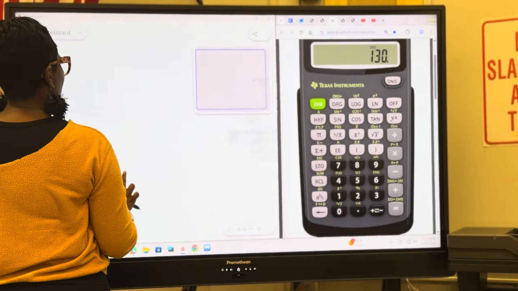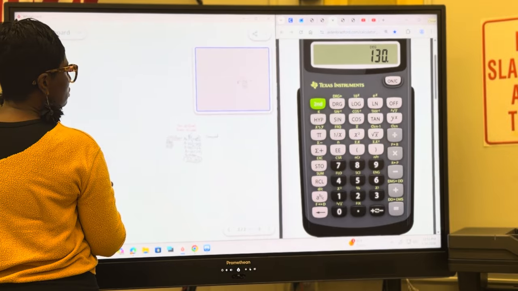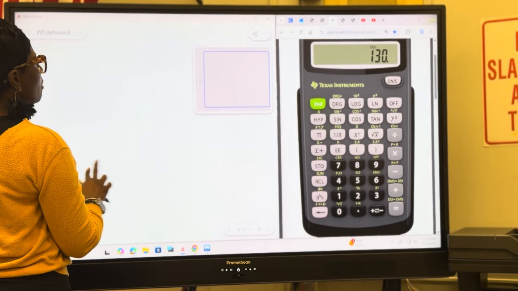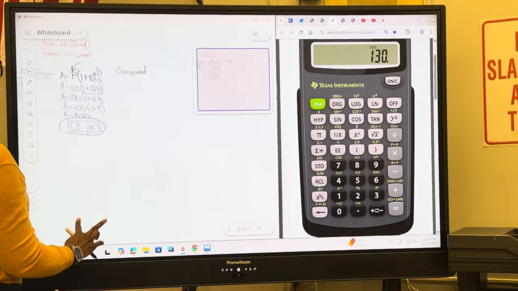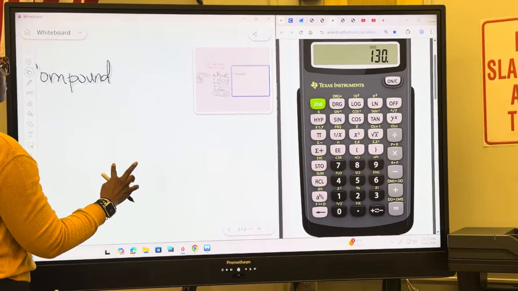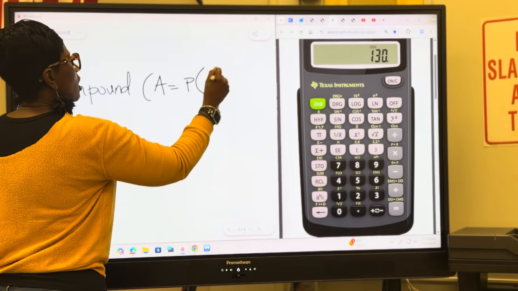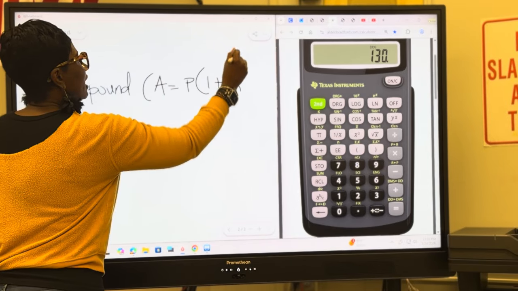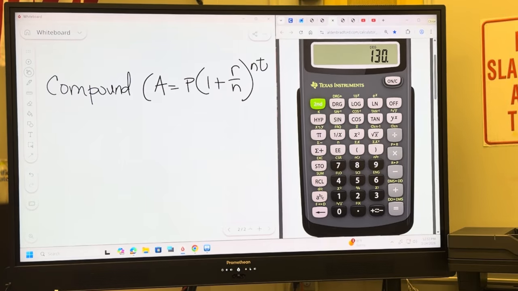What is the formula that we have for compound? A equals P times (1 plus r over n) to the power of nt. And let me talk about all these parts.